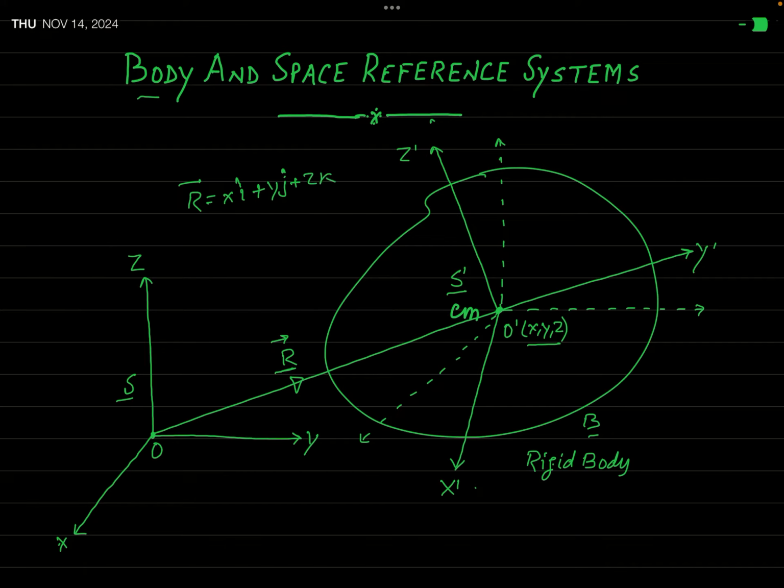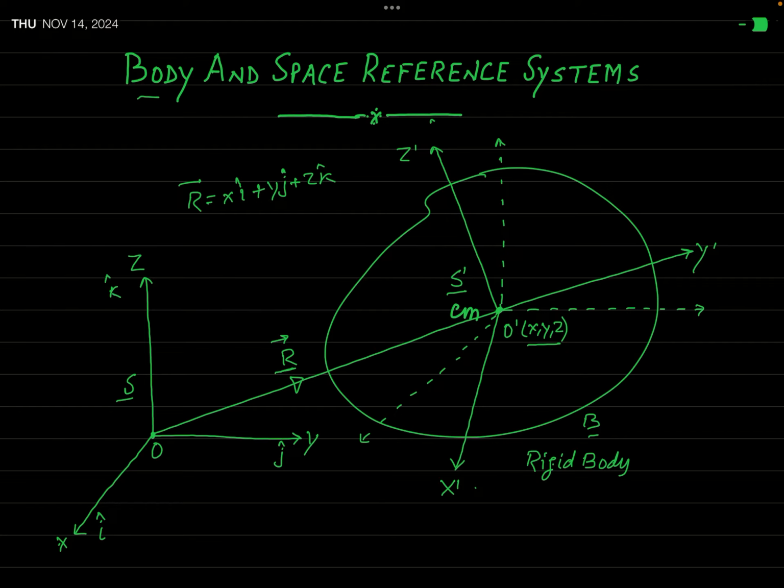Here, i, j, k are the unit vectors: i is the unit vector along the x-axis, j is the unit vector along the y-axis, and k is the unit vector along the z-axis.